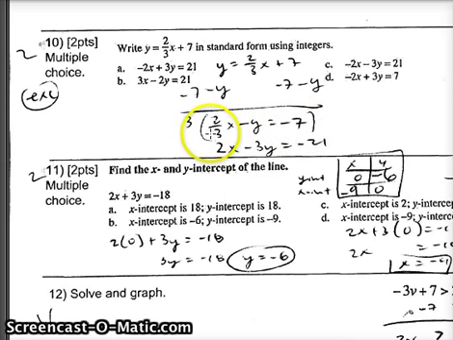Notice you can't have a fraction, so I'm going to multiply this whole expression by 3. 3 times 2/3 gives you 2. 3 times negative y gives you negative 3y. And 3 times negative 7 gives you 2x minus 3y equals negative 21. But notice how none of those are close. So you can multiply both sides by negative 1. This will become negative 2x plus 3y and a positive 21, which is choice A. So I made that one extra credit.